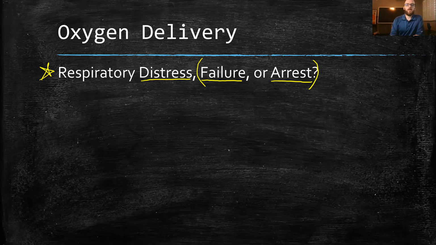Respiratory distress is just some sort of difficulty breathing. They're still breathing okay, and they could stay with that level of difficulty and be okay for a while. It's not so bad that we're worried they're going to go into cardiac arrest in the next couple minutes if we don't intervene.